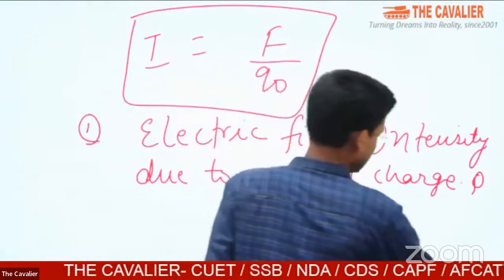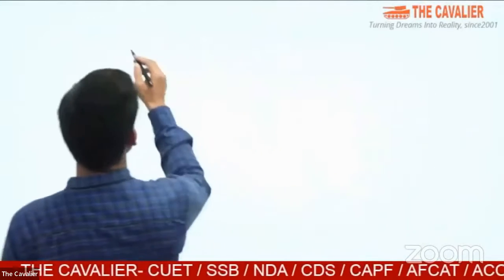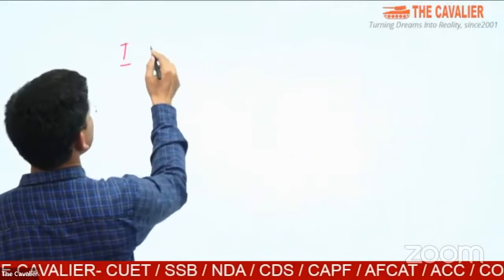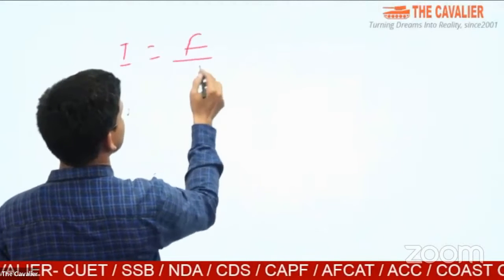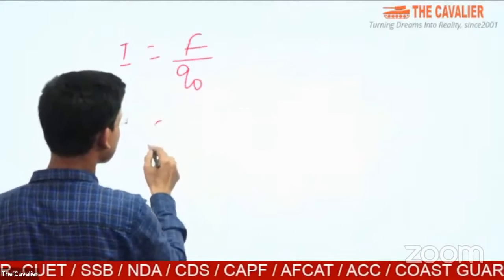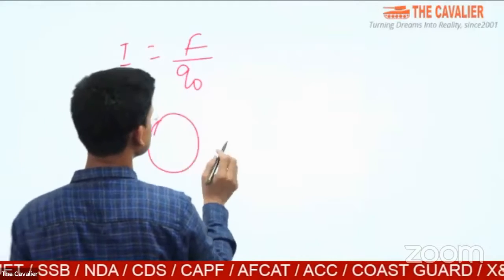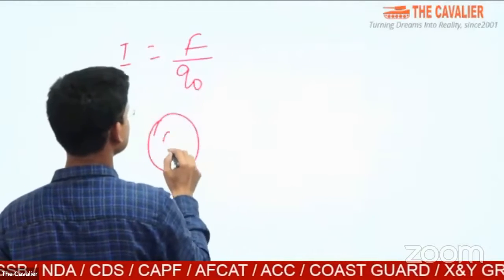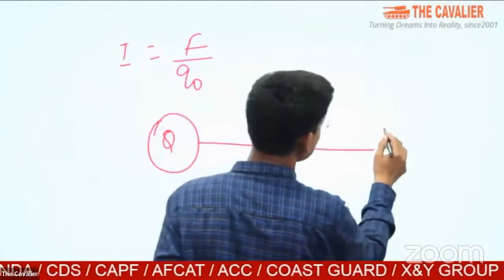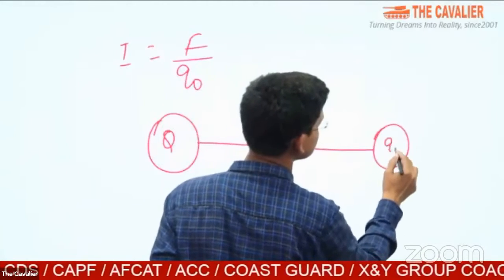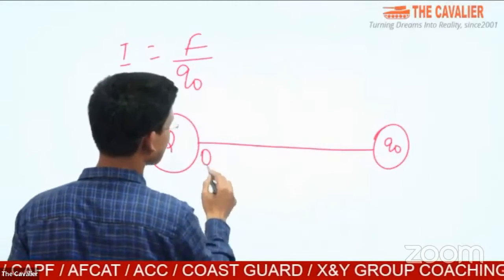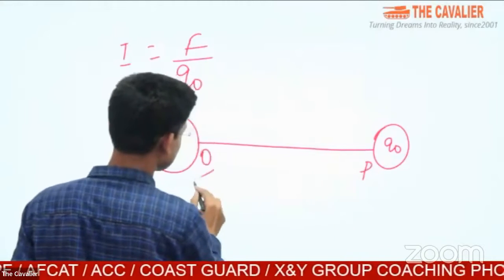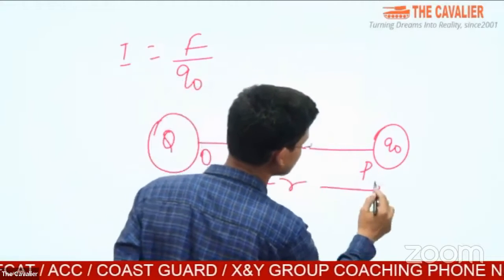In this case, I equal to F upon Q naught. Suppose this is the charge Q and this is the charge Q naught, and this is the O point and this is the P point. The distance between them, OP, is R.